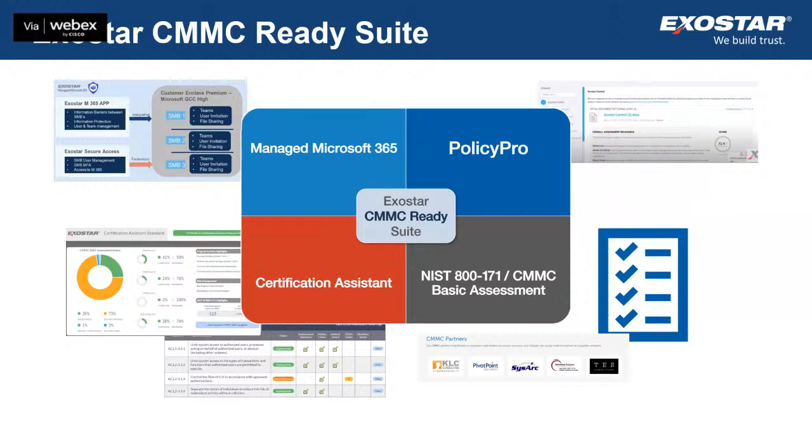This solution provides an Exostar managed tenant up in GCC High to store that controlled unclassified information, work on that information, share it amongst your team members or external parties. All of those, all in an environment that meets 85 of those 110 controls with a shared responsibility matrix, so you better understand what Exostar covers and what you would need to cover outside of that particular tenant.